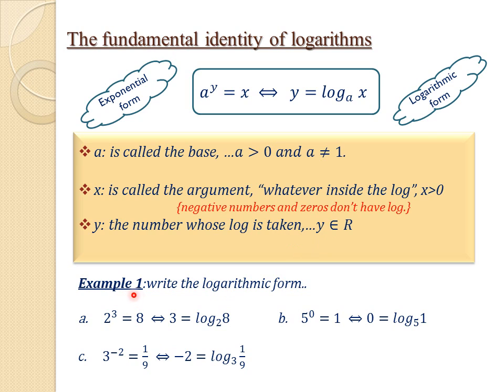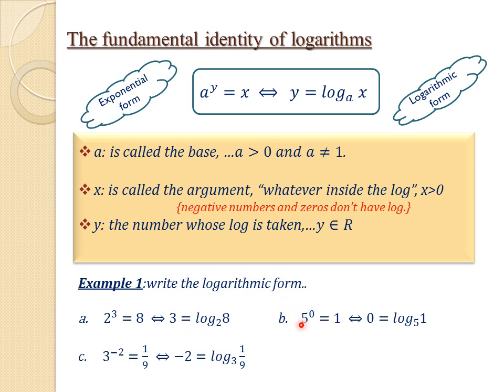Now, for example, if we look at example 1, write the logarithmic form. So I have the exponential form. I can transfer to logarithmic form using this fundamental identity. So now this is going to be 3 equal logarithm 8 to base 2.